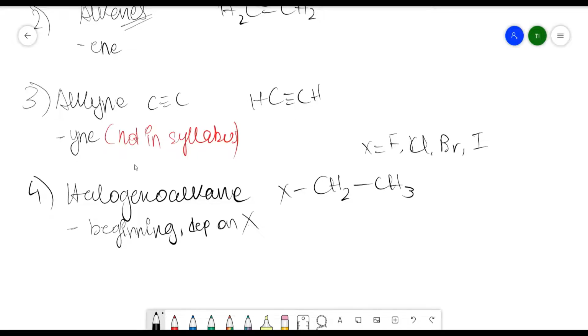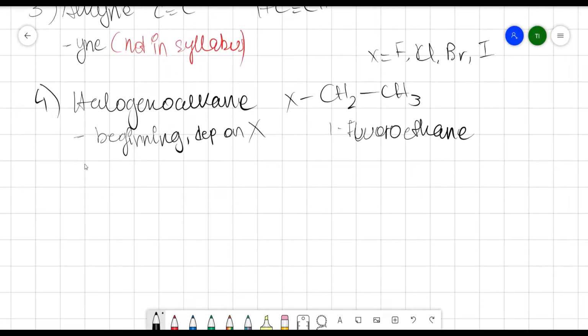If it's Cl, it'll be chloro. If it's Br, it'll be bromo. If it's I, it'll be iodo. As for which to write first, we'll get into that when we cover IUPAC naming. And for these, you always have to give numbers. Not here, because either way it will be one, but for example, if the X were F, this would be 1-fluoroethane. So the name comes at the beginning.